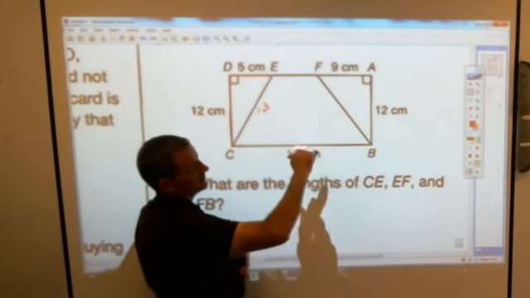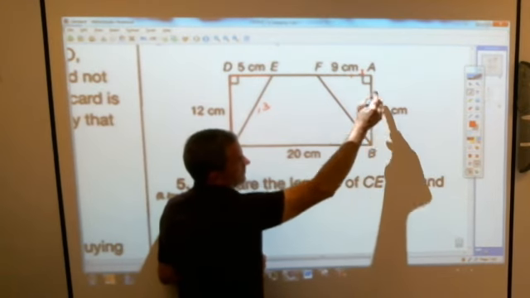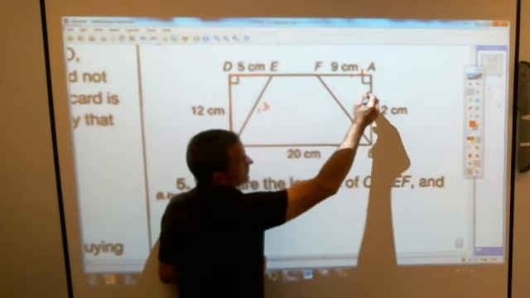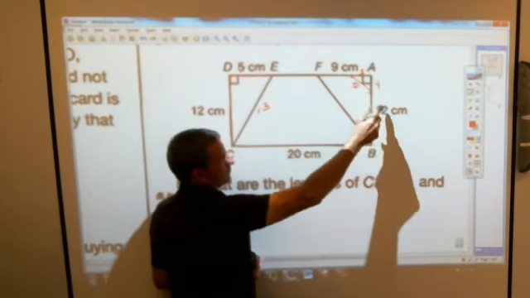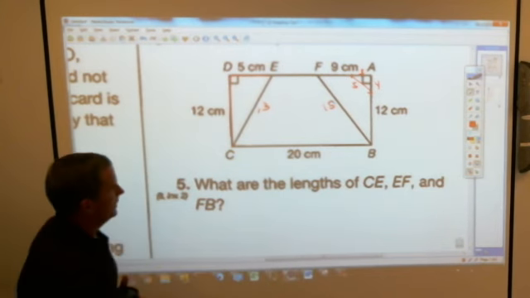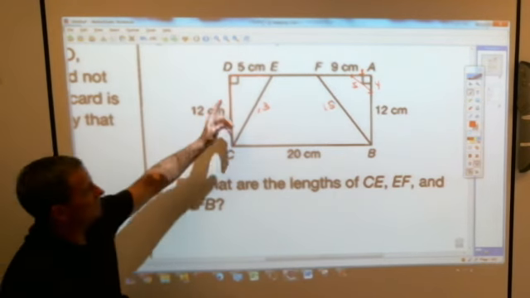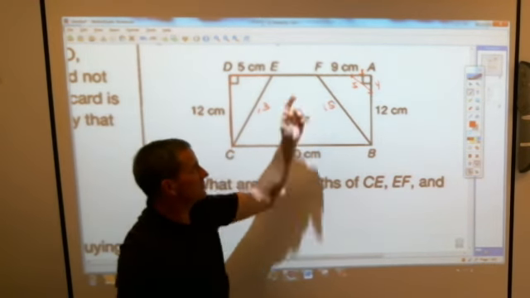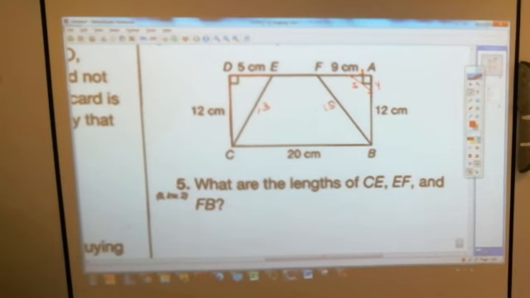It probably isn't up there because you can divide them both by 3, which gives you a 3, 4, 5 triangle, but then you have to remultiply it by 3 to get 15. And then FB, and then EF, obviously the whole thing's 20 and though it's 5 and 9, so you can figure out what that is. Should not be hard. Got it from there?